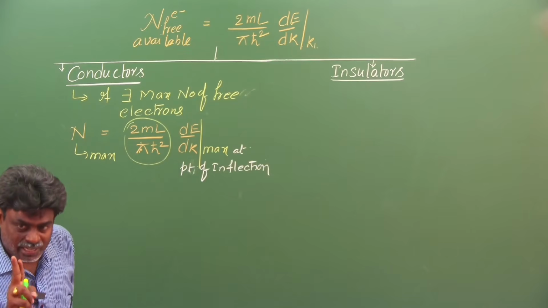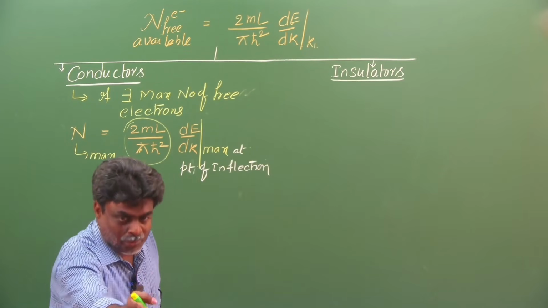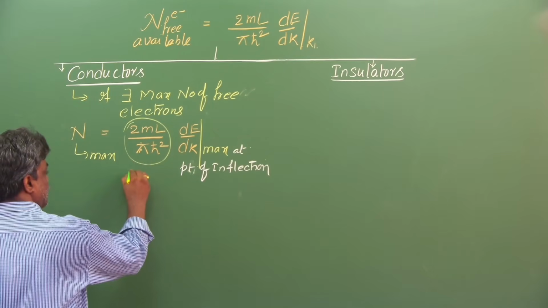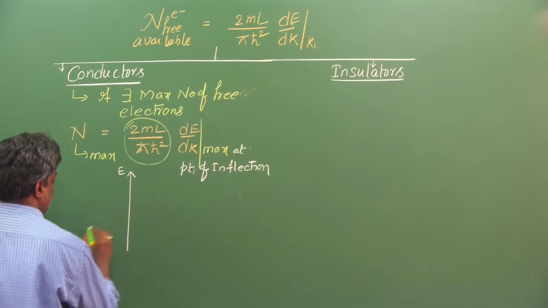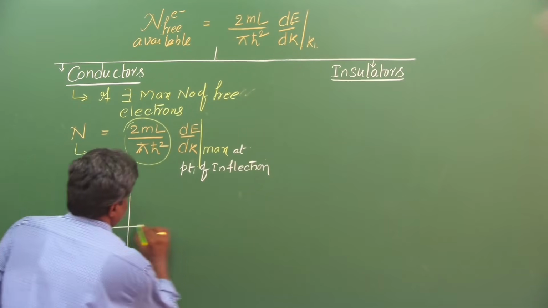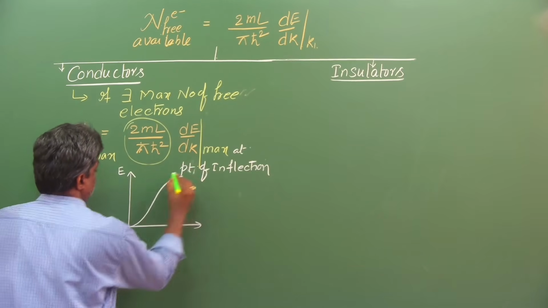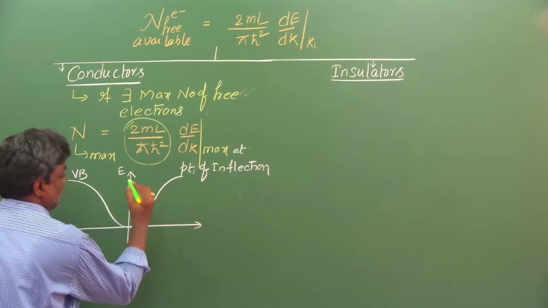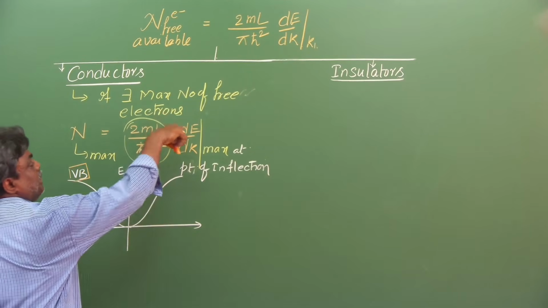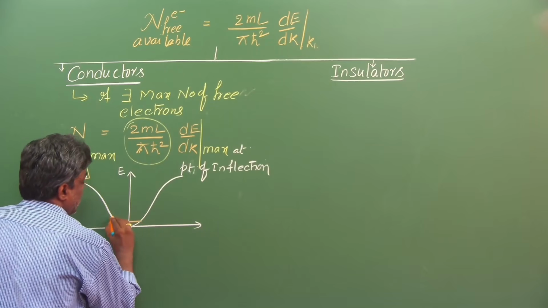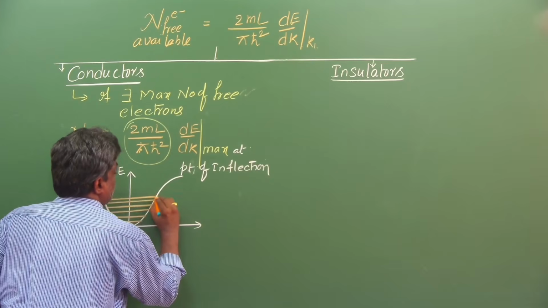So in a conductor, your energy levels are filled up to the point of inflection. If you consider the energy band, that is the valence band of this conductor. According to this, the energy levels are filled only up to that point.